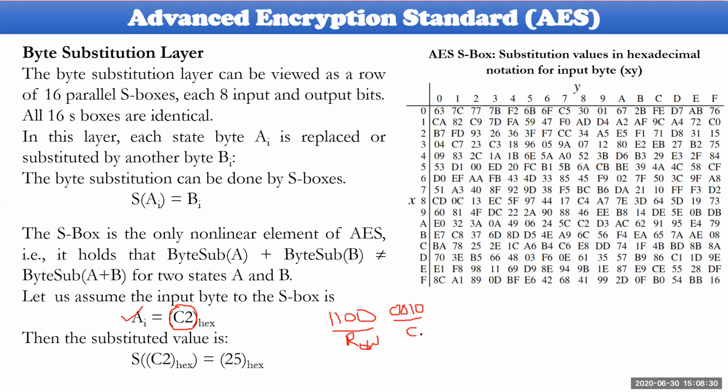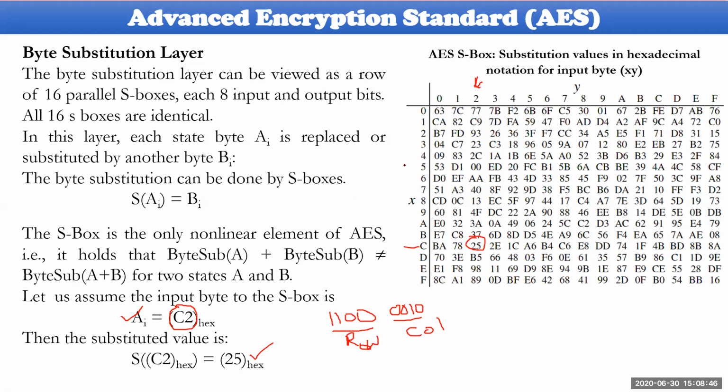C will be here and the column will be this one. Based on these two values, we acquire this value: 25.